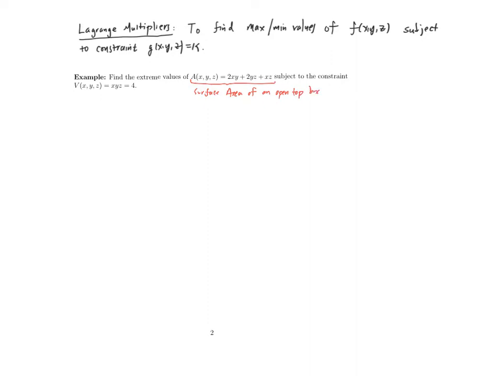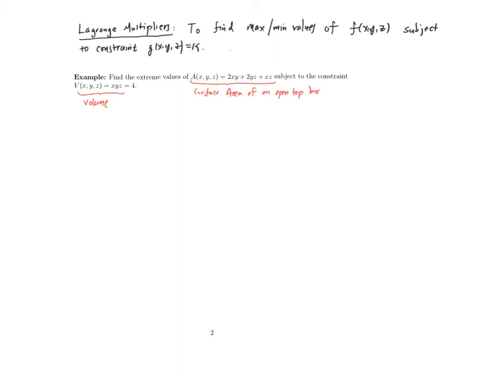And it is subject to a constraint related to the volume of the box. So in words, we'd be saying what is the maximum or minimum surface area of an open top box whose volume is 4.